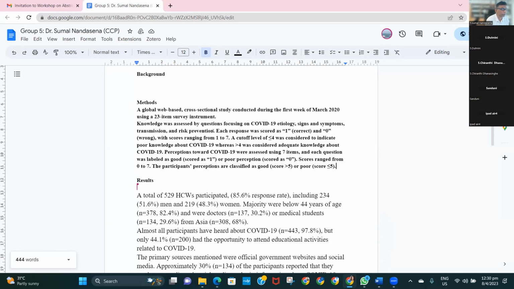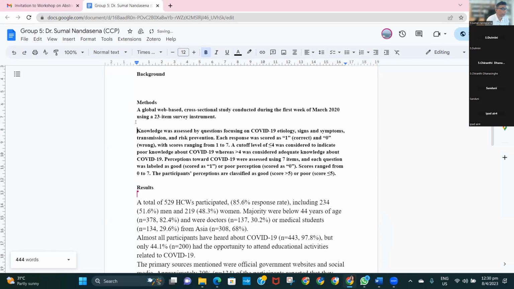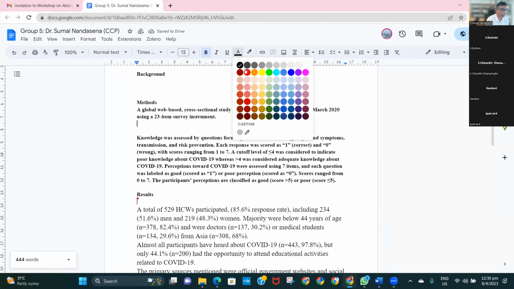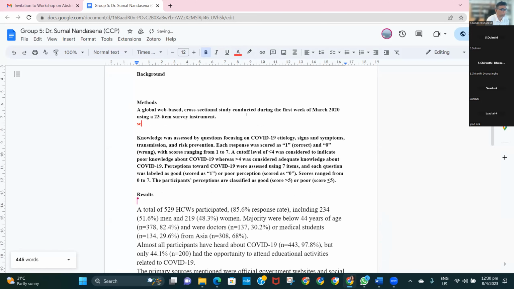Or even you can just write the scoring, knowledge, and this. What is the next? Perception notes as assessed using the scoring system. So it includes everything about this particular paragraph.